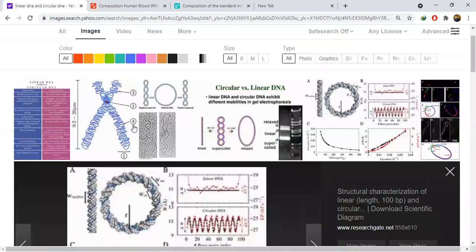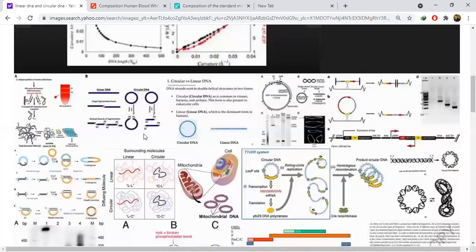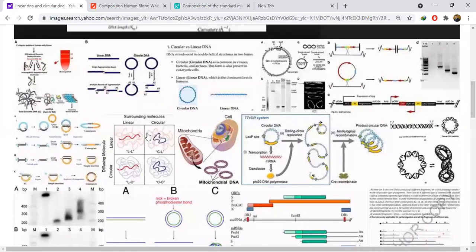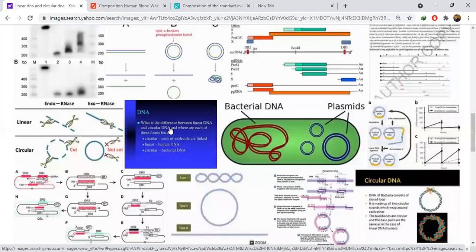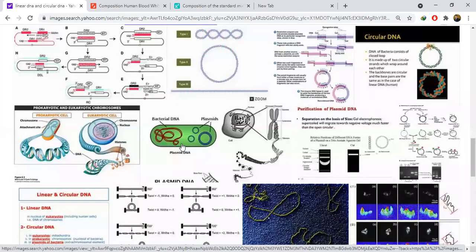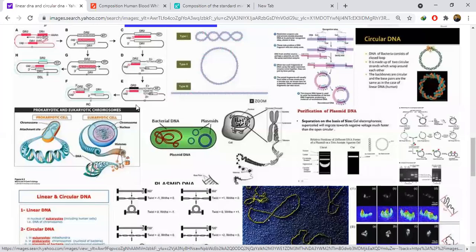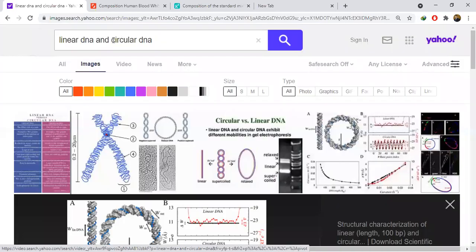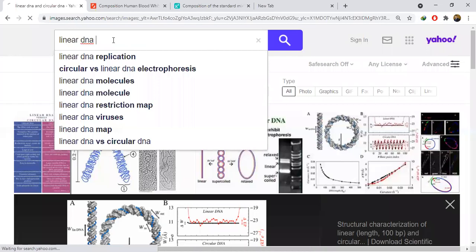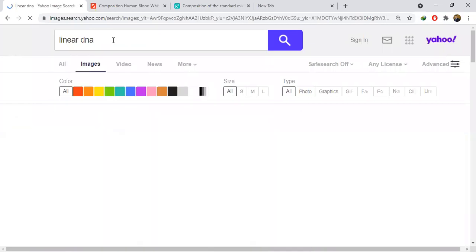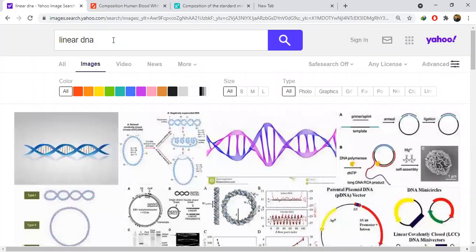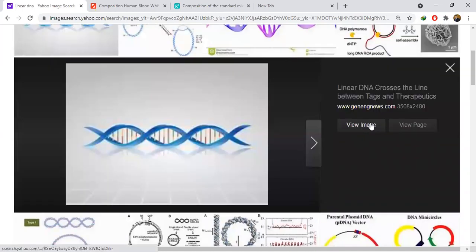It is too complicated, so I'm looking for a simple diagram. It's not easy to catch both of them. Right. I have shown you this linear DNA's arrangement. Can you understand it?